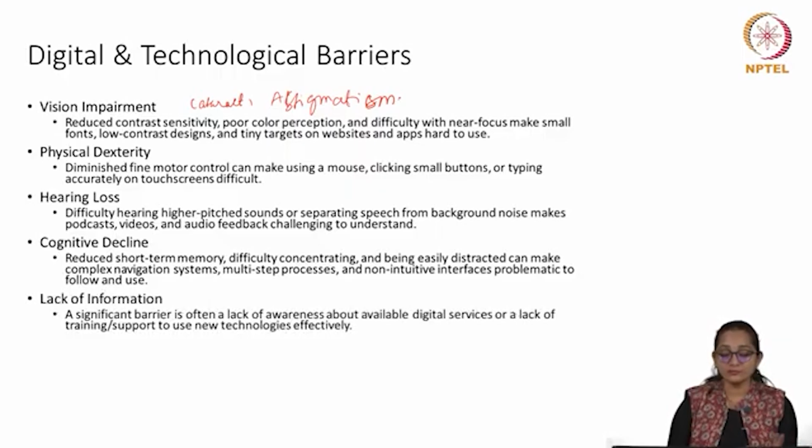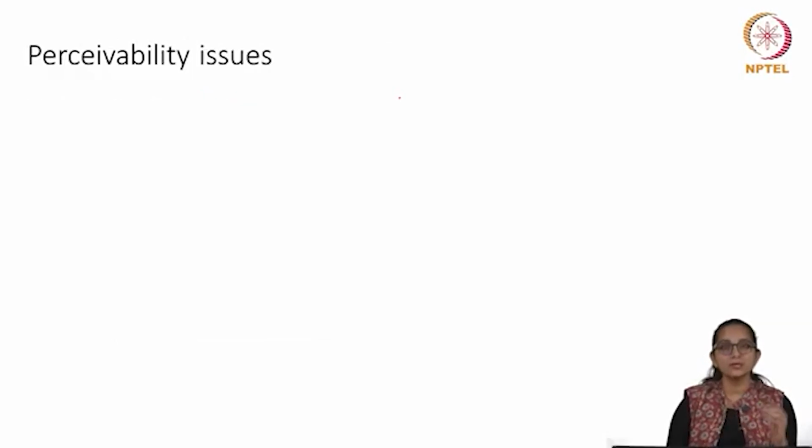There may be a lack of information, significant barriers, often a lack of awareness about existing technologies. So, if we try to understand these barriers through the lens of POUR, our digital accessibility principles, we can see it through that lens as well.